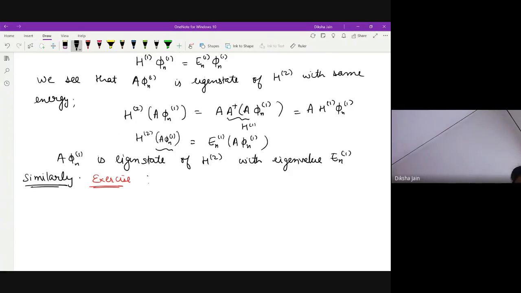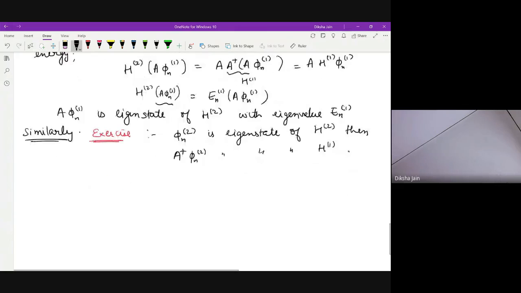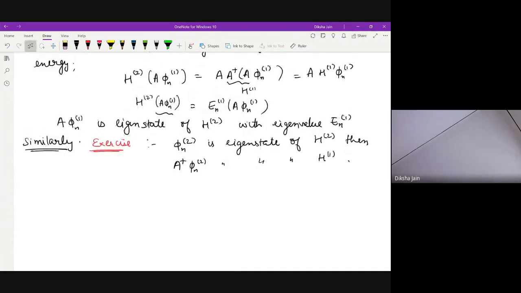Similarly, one can show that if phi n2 is an eigenstate of H2, then A dagger times phi n2 is an eigenstate of H1. This you can prove. What I have shown is very similar to what we were doing yesterday when we were saying that fermions and bosons are paired.